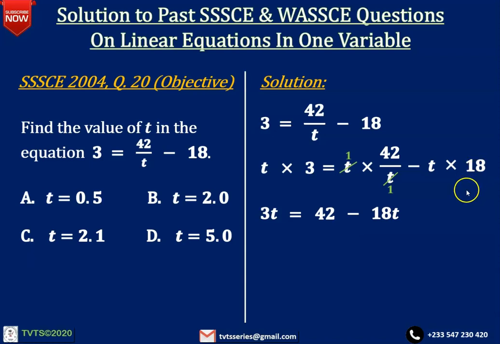Grouping like terms, we have 3t plus 18t to be 21t is equal to 42. Dividing both sides by 21, we have t to be 2 or 2.0. Hence, option B is the correct answer.